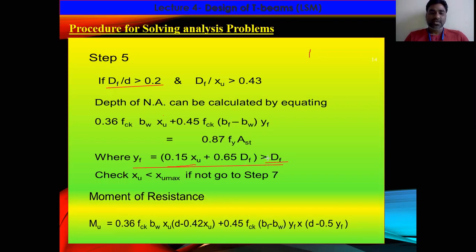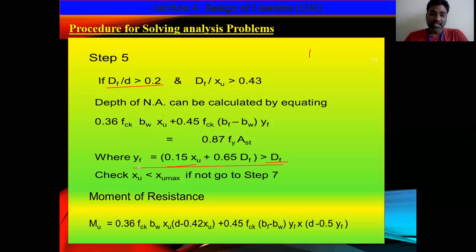Based upon this equation, you can find the depth of neutral axis again. As usual, the depth of neutral axis is determined by equating the compression force to the tension force.